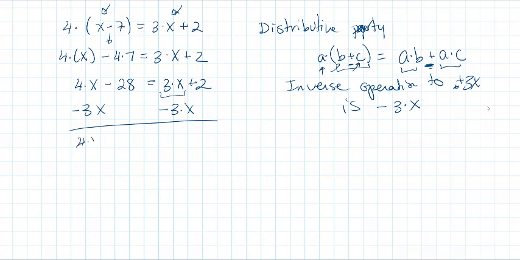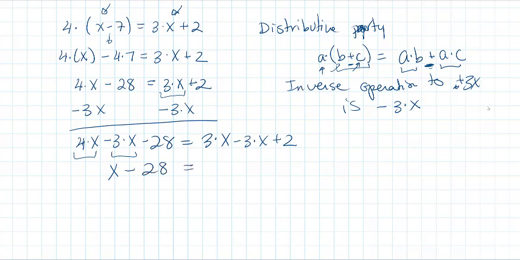We have 4 times x minus 3 times x minus 28 equals 3 times x minus 3 times x plus 2. Remember, it's the same x, and so if I had 4 of them, and now I took away 3 of them, I'm left with just one x on this side, and I won't even write the 1. x minus 28 equals, I had 3x, I took away 3x, so I'm left with no x's.